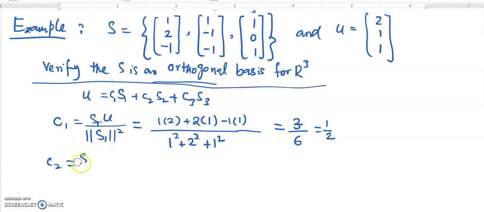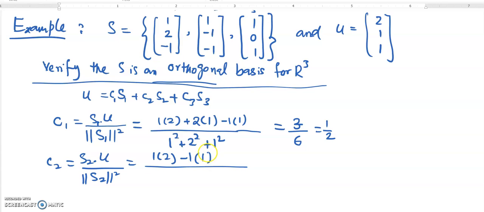C2 will be S2 dot U over the square of the norm of S2. So S2 dot U will be 1 into 2, minus 1 into 1, and then minus 1 into 1, over 1 square plus 1 square plus 1 square.